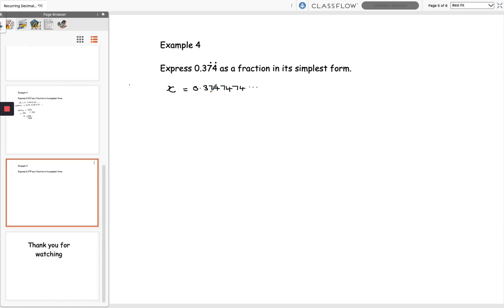So I've got one digit that doesn't recur, so I'm going to multiply both sides by 10 to get that digit onto the left hand side of the decimal point. So if I do x times 10, I'm going to get 10x, and then I'm going to multiply 0.374 recurring by 10, and that's going to give me 3.74 recurring.